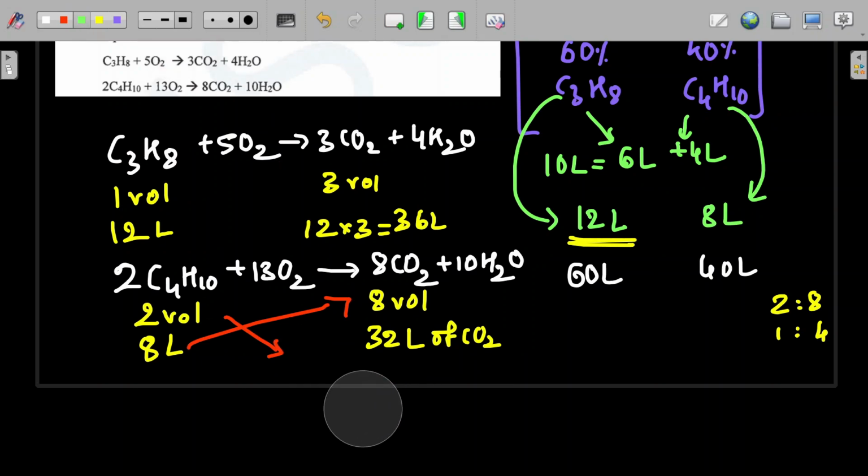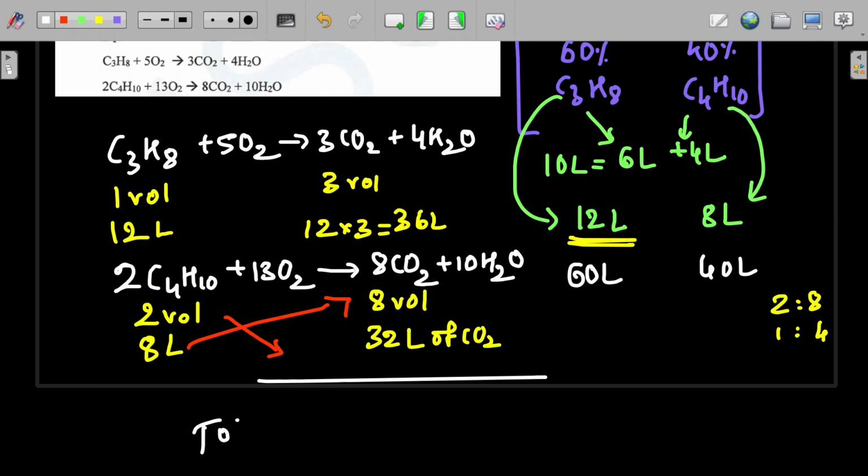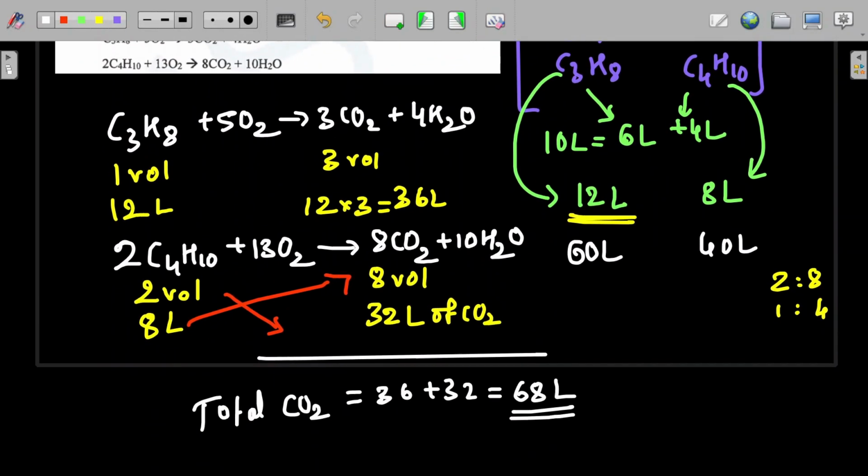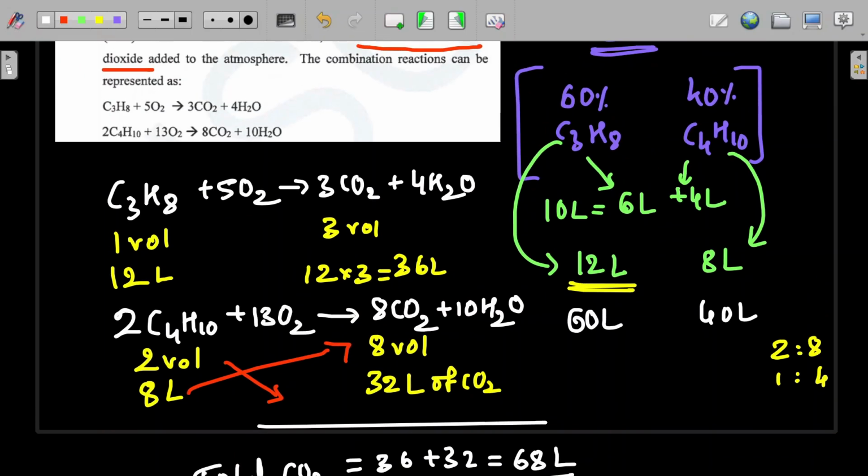Now, total CO2. You have to finally write total CO2 released will be 36 plus 32, 68 liters. That is the correct final answer. This one is for, I think, 3 marks. What is the trick here?